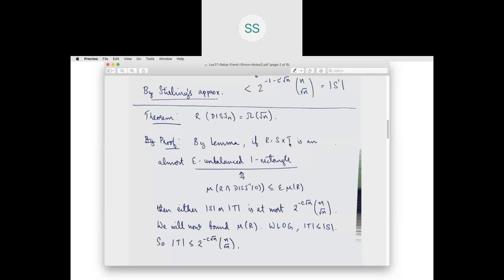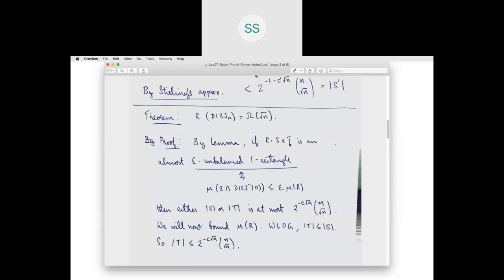We have a distribution mu, where we pick x to be equally likely from all the sets that have exactly square root n elements, and the same for y. So if a set has exactly square root n elements, we pick it with probability 1 by n choose square root n.